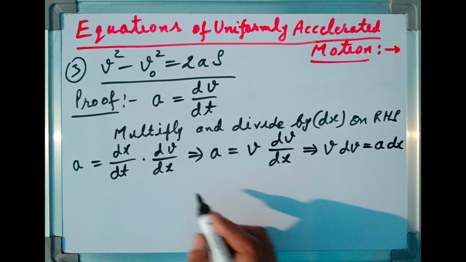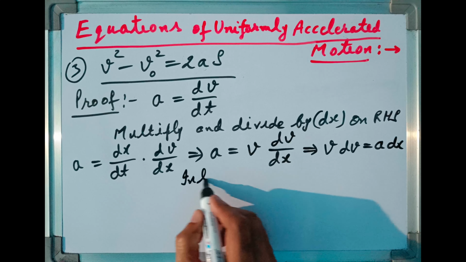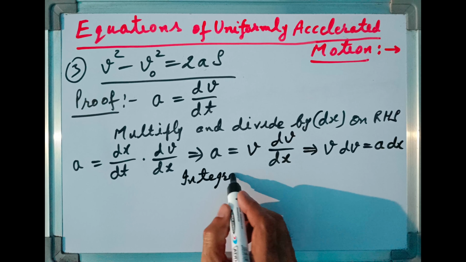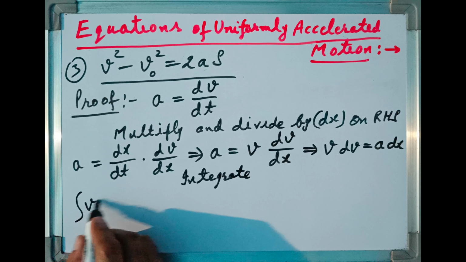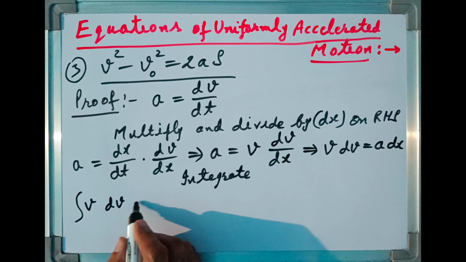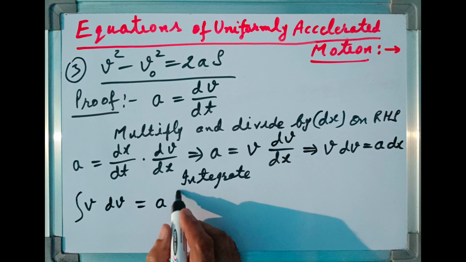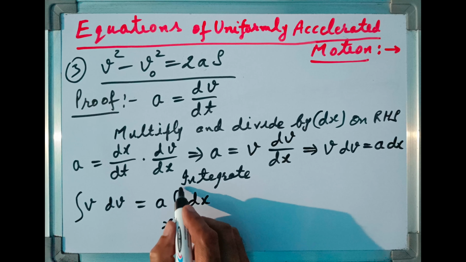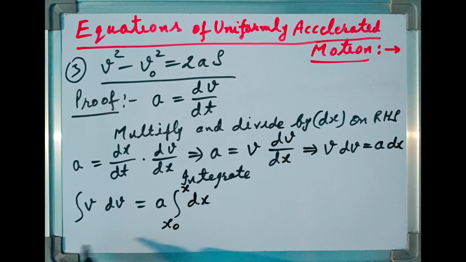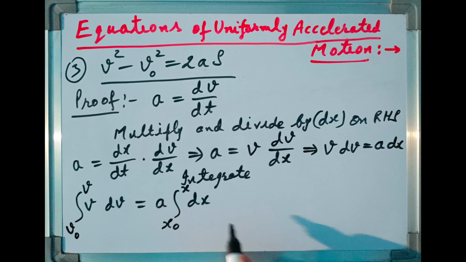Now we have to integrate both sides. Integrating, I can write integration v dv equal to a, taken as constant, integration dx with limits x naught to x. Corresponding to these values, speed initial is v naught, final is v.